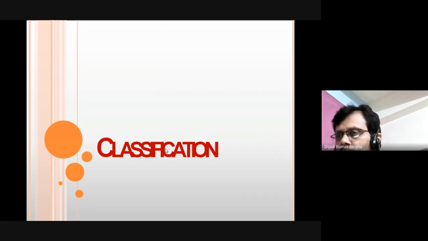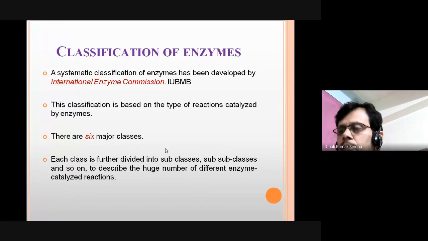After EC there will be a 4 digit number, EC followed by 4 digits. A systematic classification of enzymes has been developed by the International Enzyme Commission, by the International Union of Biochemistry and Molecular Biology, IUB, or in some books written IUMB. This classification is based on the type of reaction catalyzed by the enzymes, and there are 6 major classes.